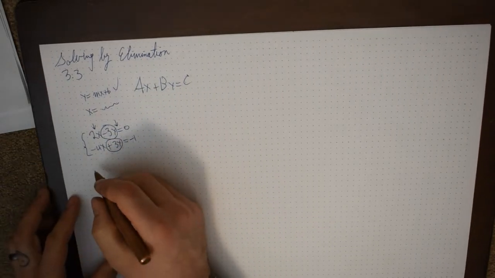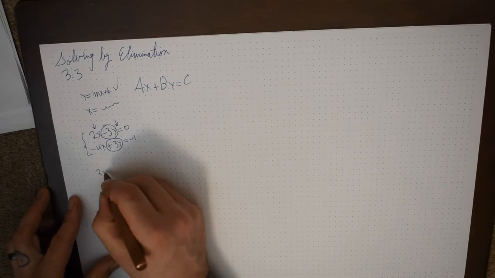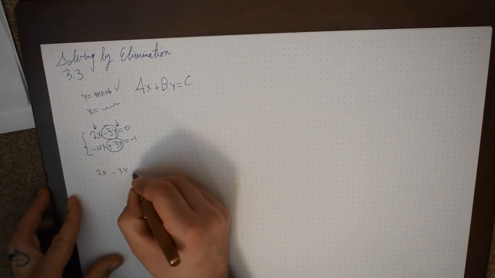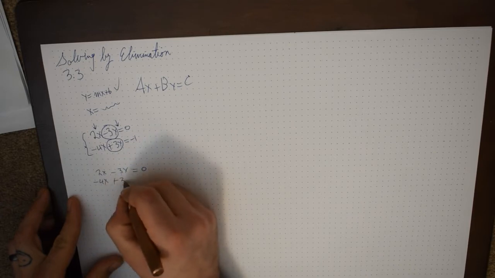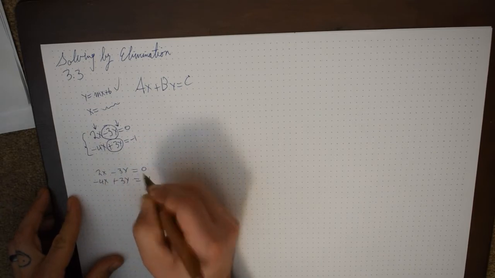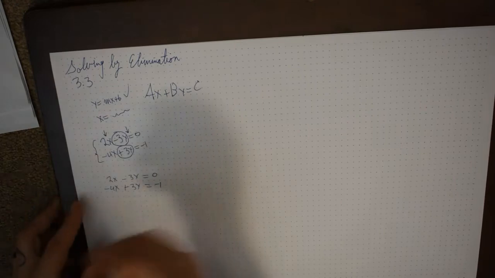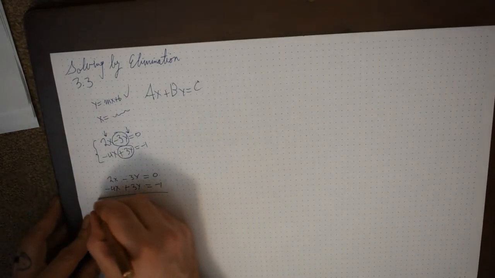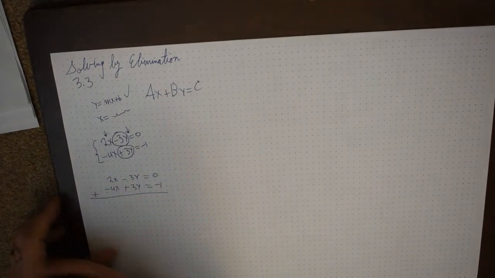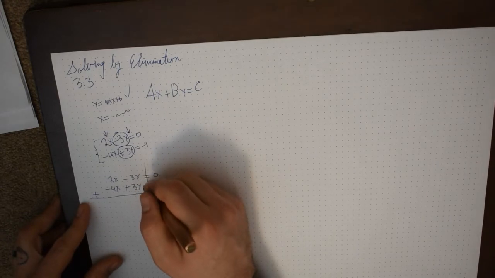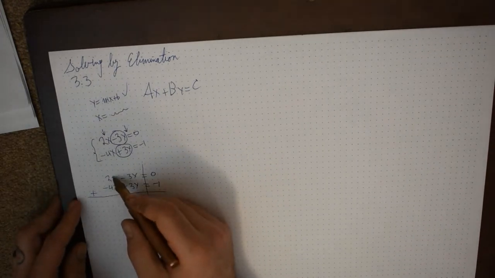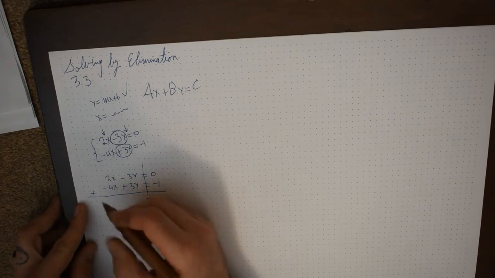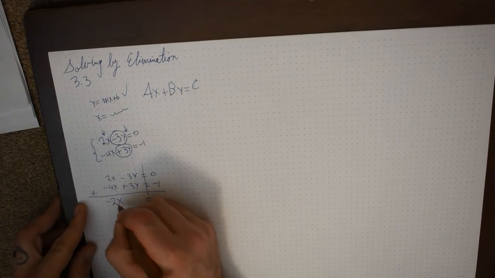So what we're going to do is take both equations, 2x minus 3y is equal to 0, and negative 4x plus 3y is equal to negative 1. And we're actually going to add these equations together, in columns. So 2x plus negative 4x gives us a negative 2x.